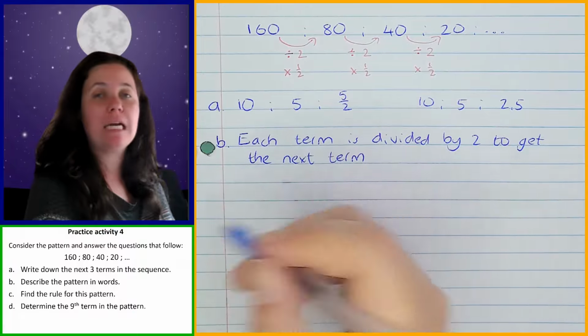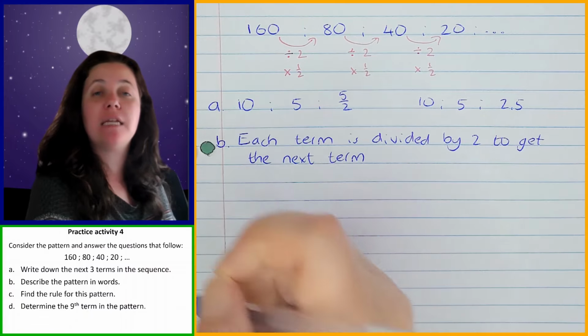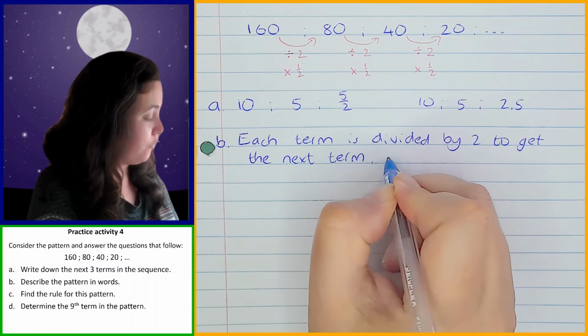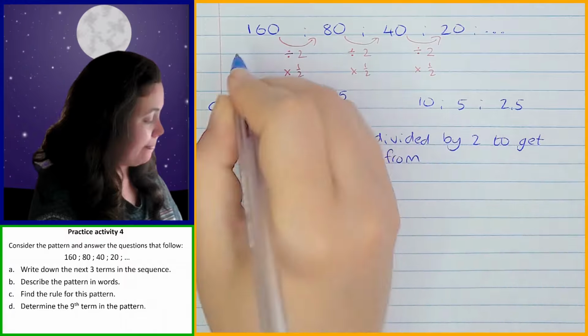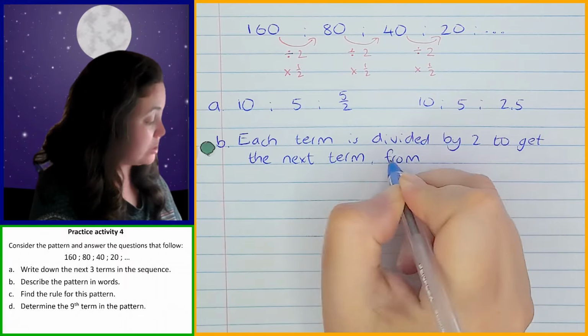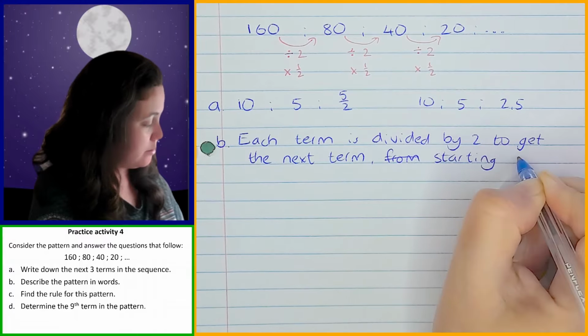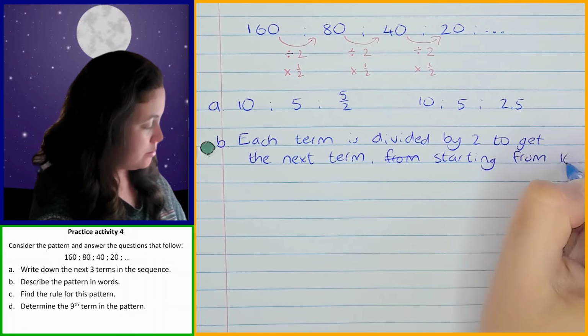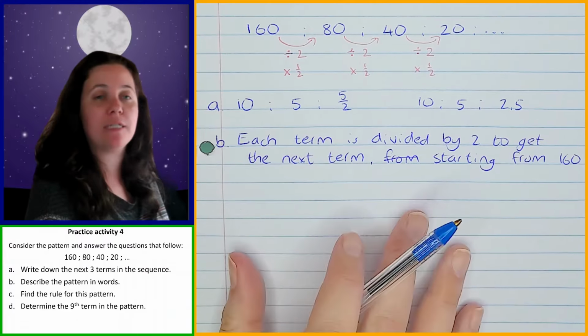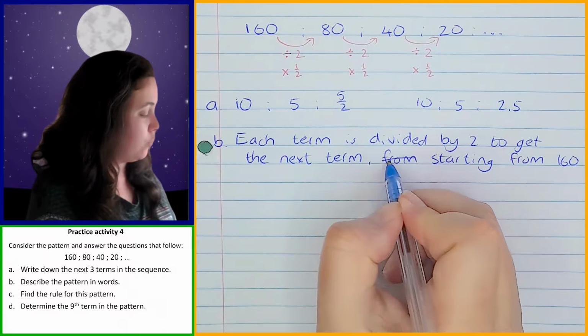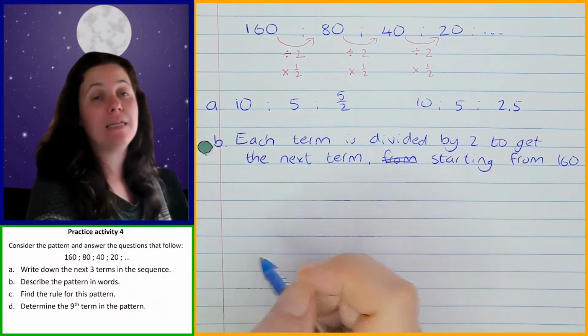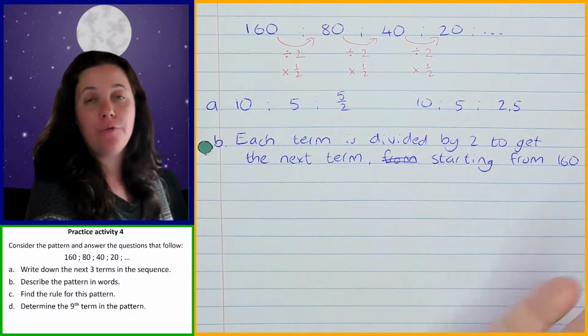Now just like I had to do with multiplication, I have to say where I'm starting. So from 160, or starting from 160. My first term is 160. So that's what you should have for your description. You could also have said that it's being multiplied by a half if you want to.